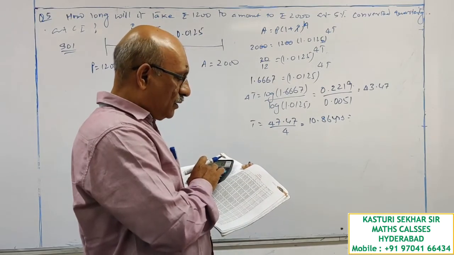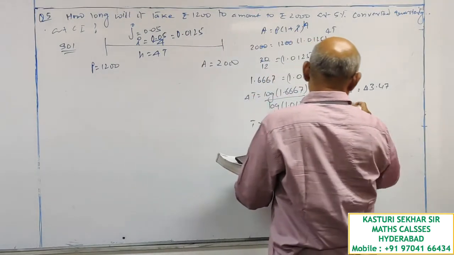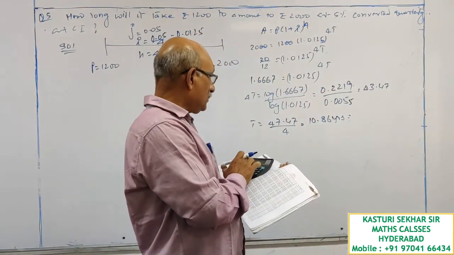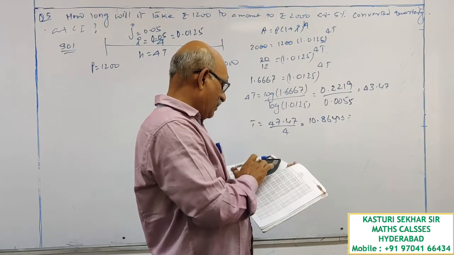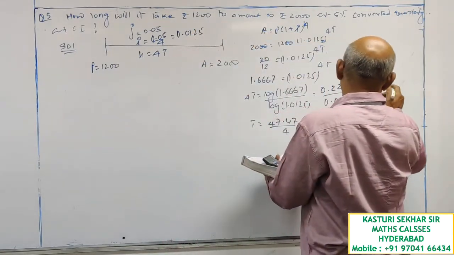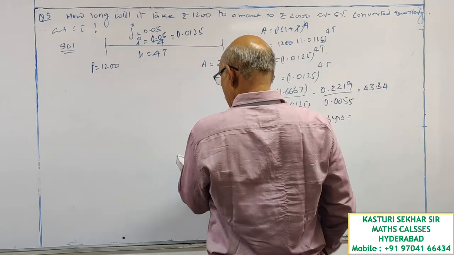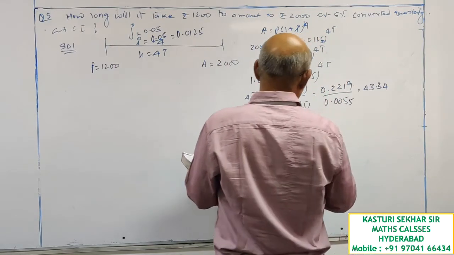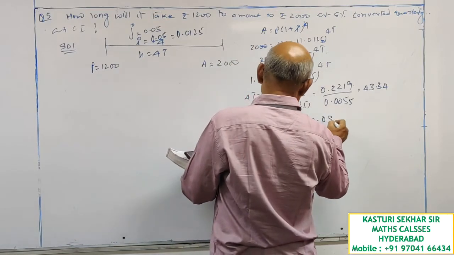So this is 0.2219, and log 1.0125 is 0.0043 plus 12, that is 0.0055. So 0.2219 divided by 0.0055 is 40.34, divided by 4 is 10.08. This is 10.08.